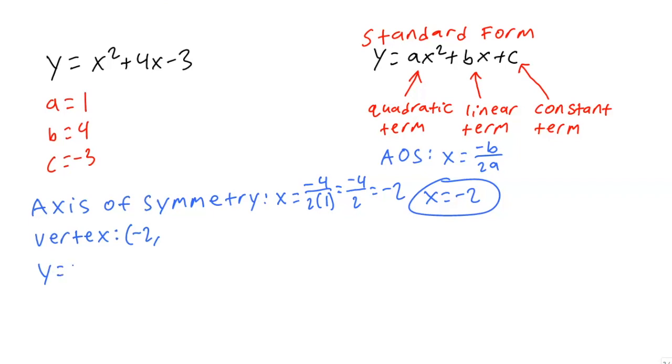So we have y equals -2 squared plus 4x, so 4 times -2, minus 3. So that gives us y equals -2 squared, which is 4. Remember, you're squaring a negative, so that makes it positive.